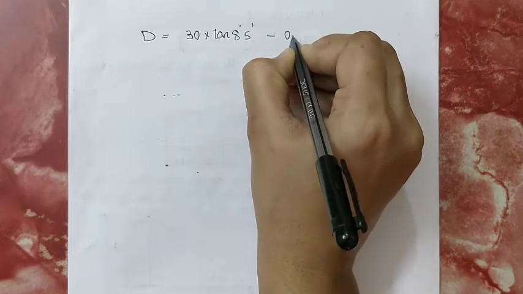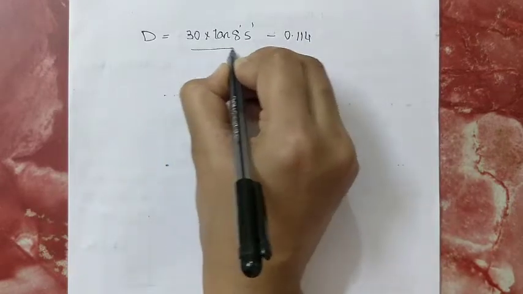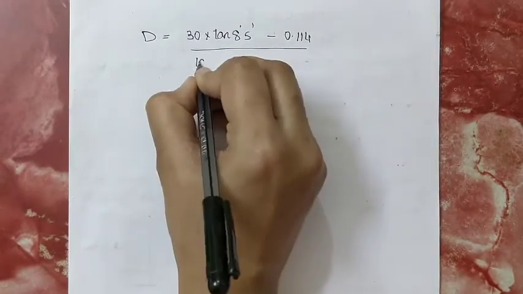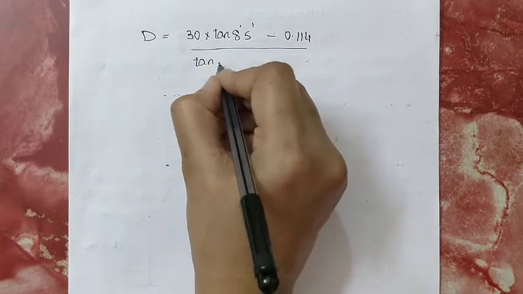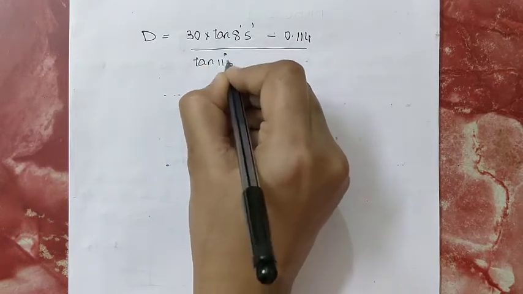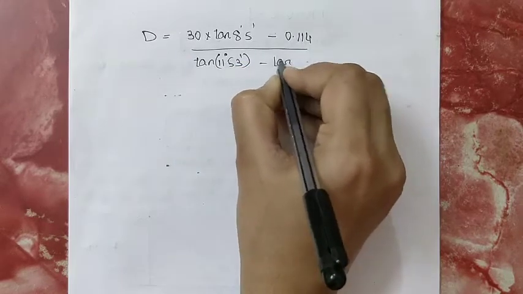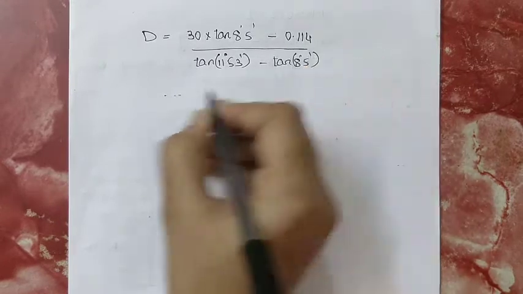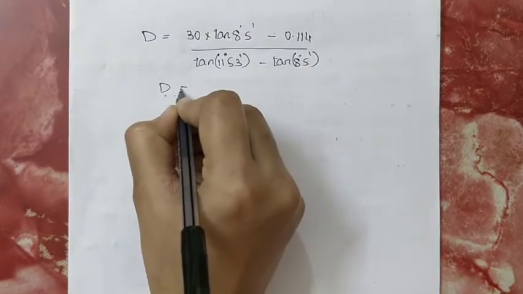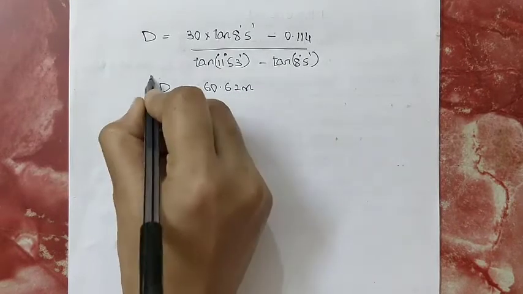You will get 0.114, the difference of S1 minus S2, that is 0.114. Then tan of alpha 1, 11 degrees 53 minutes, minus tan of alpha 2, 8 degrees 5 minutes. Upon simplification you will get D value as 60.62 meter.